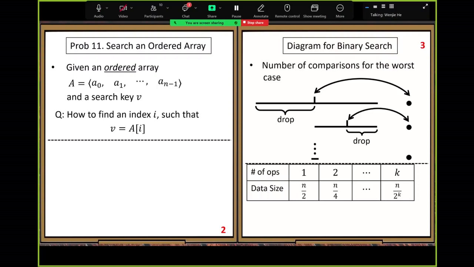Here, don't worry about integer or not. Some students may feel, what if n is an odd integer? Then n/2 may not be an integer, and later n/4 also may not be an integer. Some students may worry about that. But when we do analysis, we just do estimation.